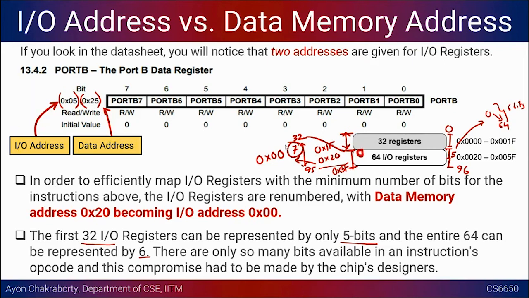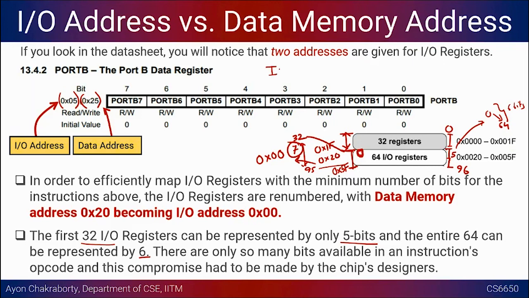Just 64 might not be sufficient, and on top of that we also have the external input output registers. So there is a small optimization that has been done, and we need to follow this instruction while we try to access these registers using the input output assembly instructions, right? And you can look it up in the manual.